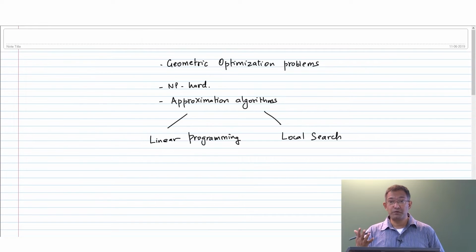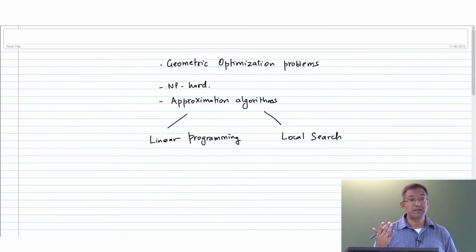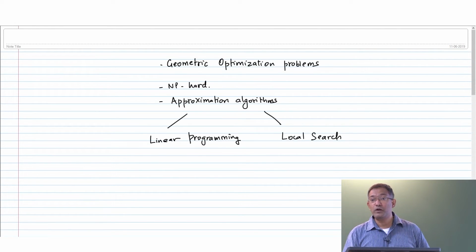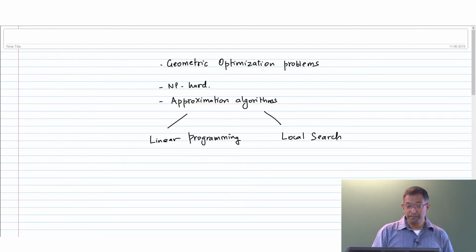The first three lectures will be on linear programming based approximation algorithms for geometric optimization problems, and the next three lectures will be on local search. Okay. So, I will define all of these things.